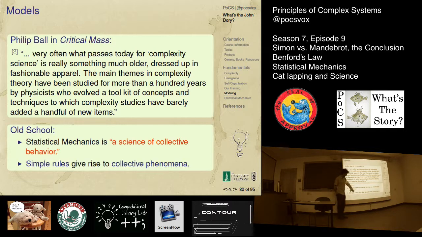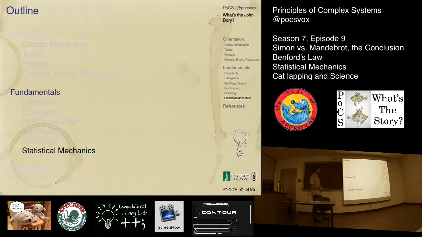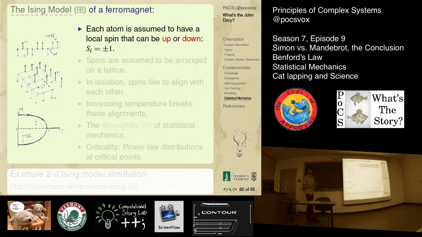So the basic game is we have simple rules for how things interact at a small scale, and they give rise to collective phenomena. Often it's a game-type situation where we're trying to put in just a few little pieces, like the rich-get-richer model with an innovation rate, very simple, very easy to understand, and it gives rise to something surprising. So I'll talk a little bit about stat mech, maybe this is it for today, and then that'll lead us into studying robustness.